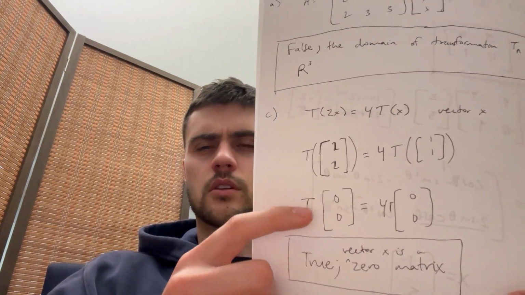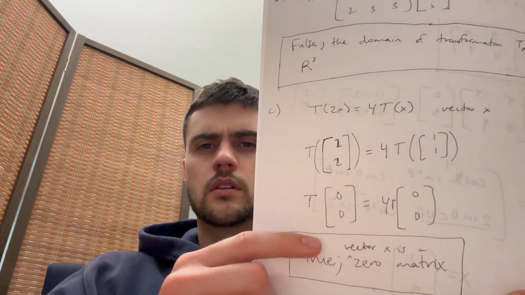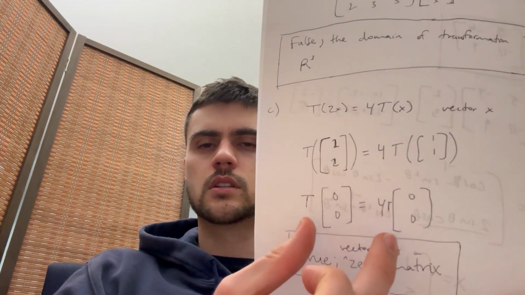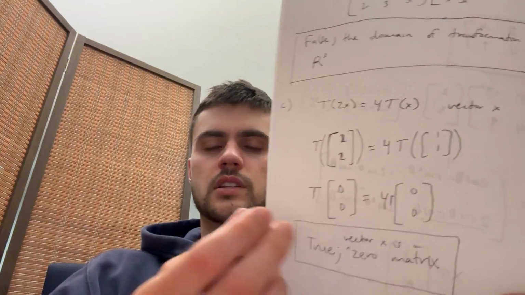Yeah, I think you can use the transformation being all zeros itself, even though I didn't actually think about that originally. I thought the vectors were zeros. I think you could have a standard matrix being zeros, a zero matrix. So true, the standard matrix is a zero matrix.